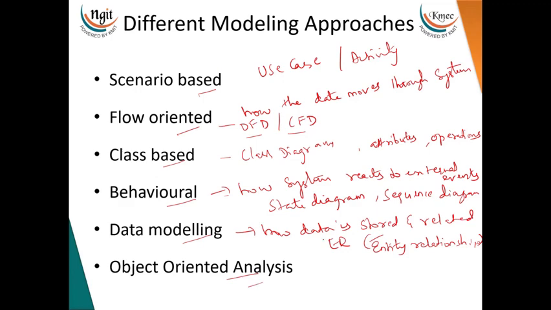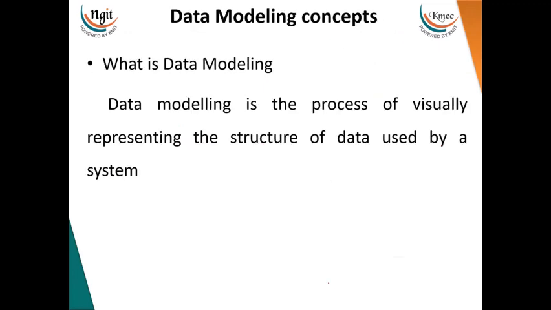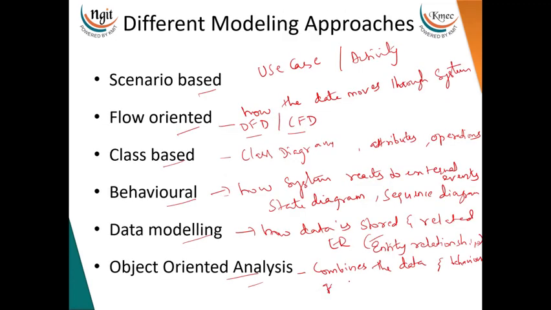The last one is object oriented analysis. It combines data and behavior into objects. The diagrams are object diagrams, use cases, and CRC also, class responsibility collaboration, as we call it generally.